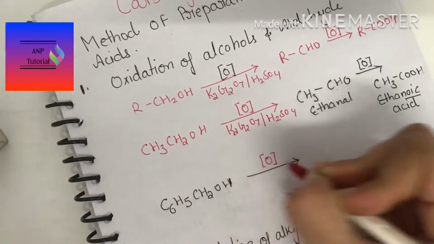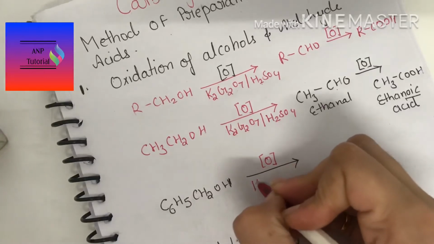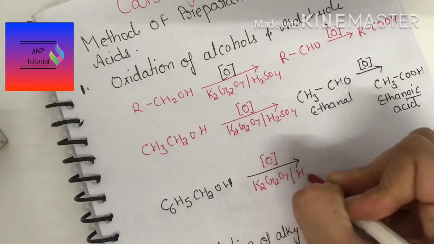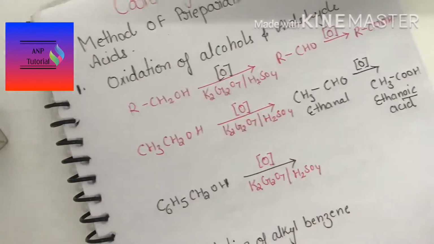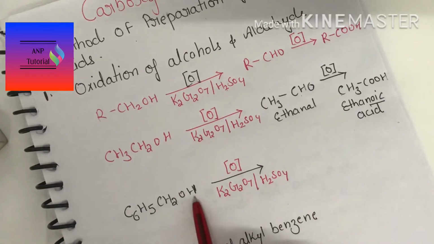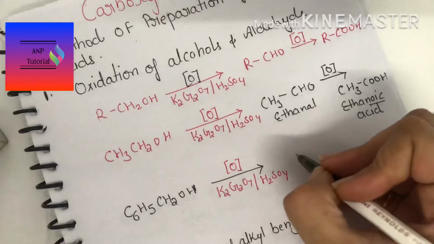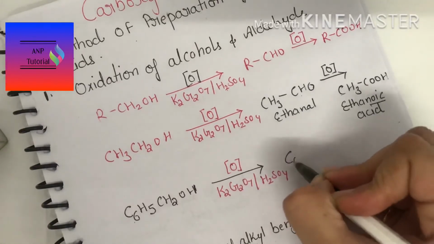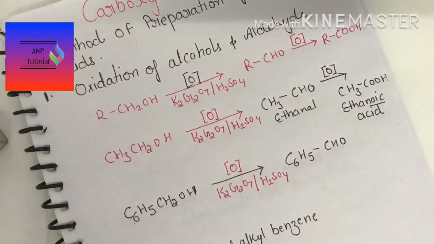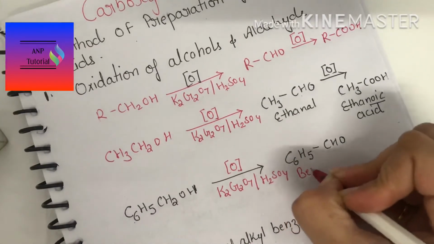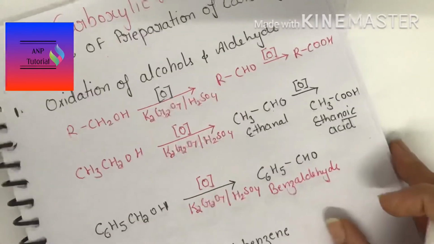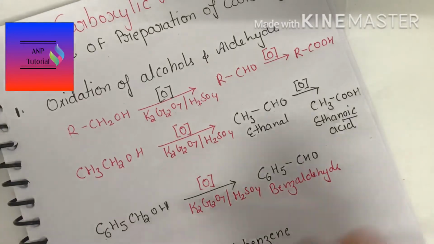Oxidation, as you know, is addition of oxygen in the presence of an oxidizing agent, K2Cr2O7. What is your medium? Acidic, H2SO4. What will be formed? This alcohol part will change into what? First into aldehyde. So you will understand. What will you write? C6H5CHO. Benzaldehyde is formed. On further oxidation, what will happen?